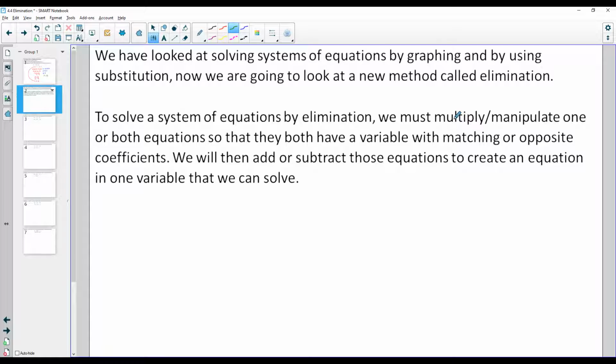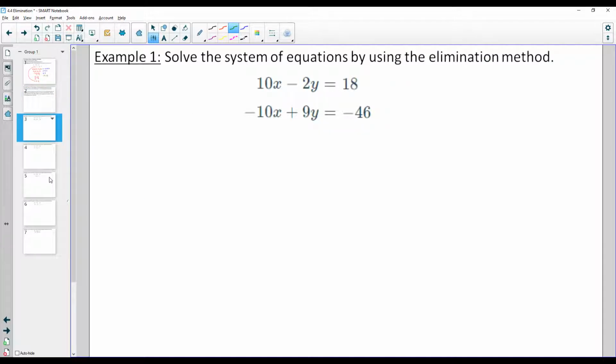That's the number outside the variable, like 2x, the coefficient is 2, right? We either want to match those or make them opposite, so 2 would match with 2, or the opposite would be negative 2. Then we can add or subtract these equations to create a new equation in one variable that we can solve. I think this is best done through an example.